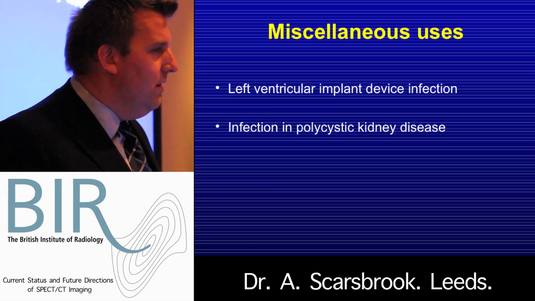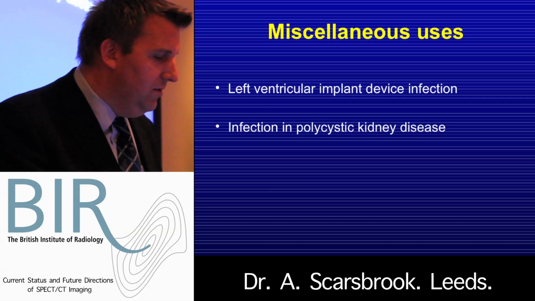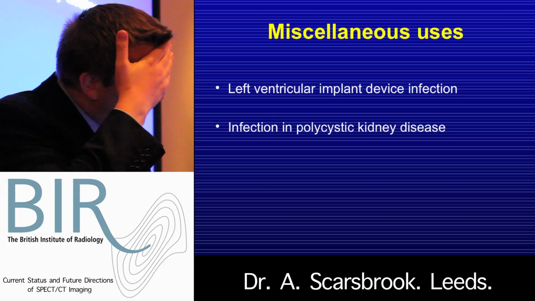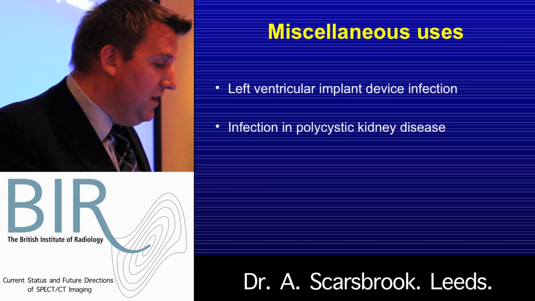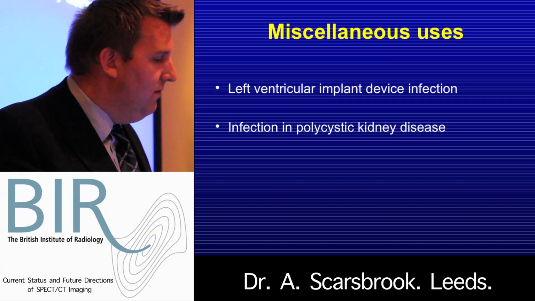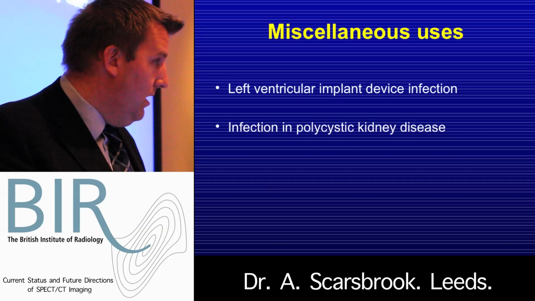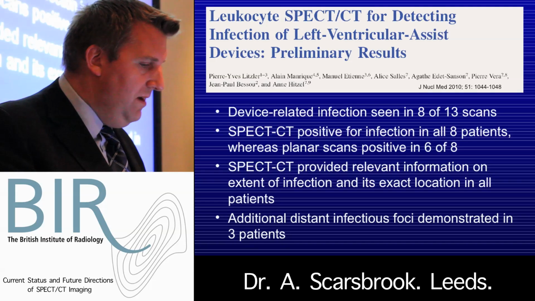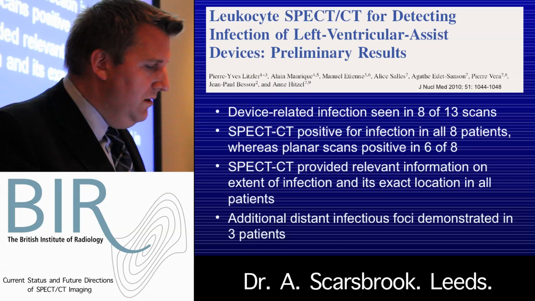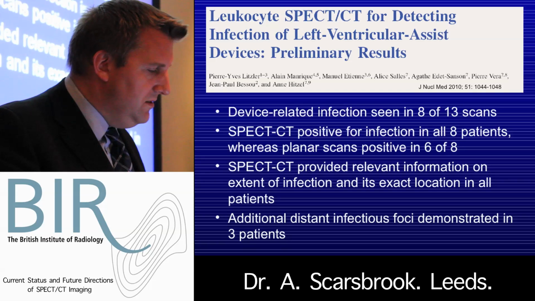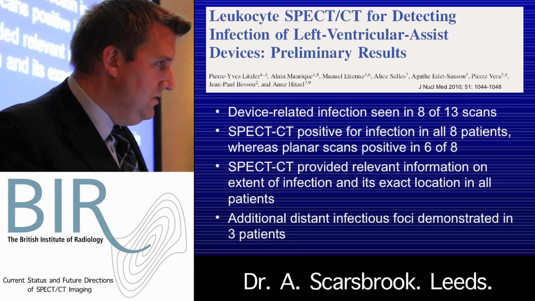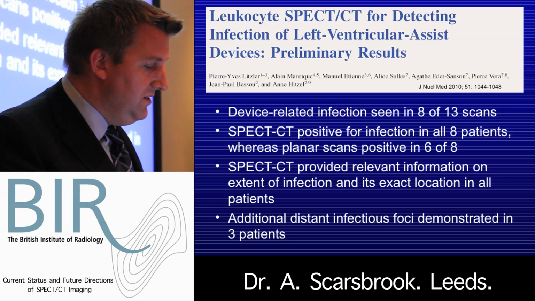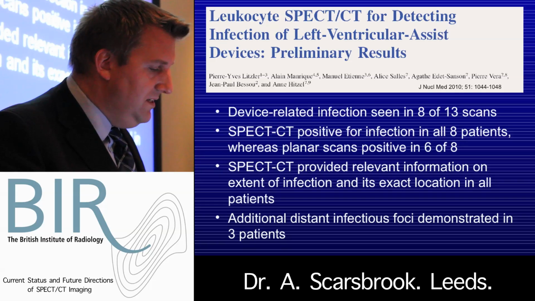Just closing up now, very recently there have been a couple of publications. First off, looking at the role of SPECT-CT with labelled white blood cells in evaluating patients who have left ventricular assist device infection. This paper from JNM, again from a group from France, had looked at a series of patients who presented with suspected infection of these complex devices, and they found that SPECT-CT was really helpful.